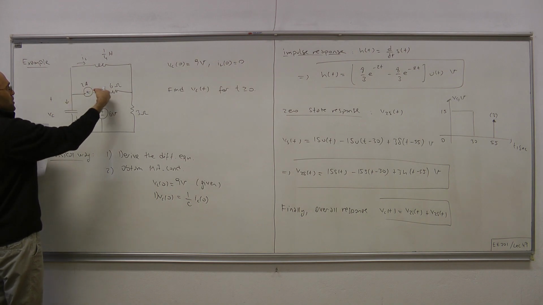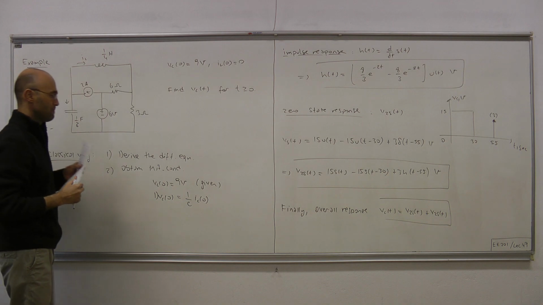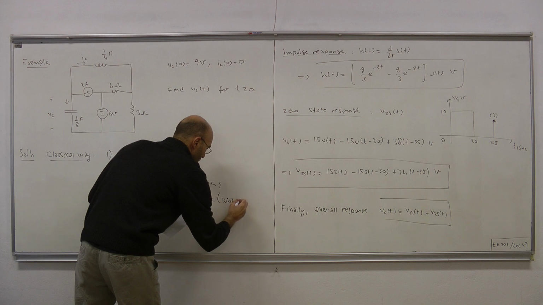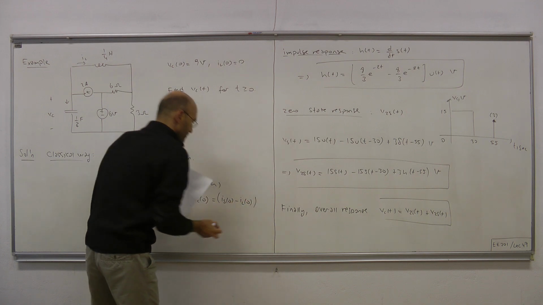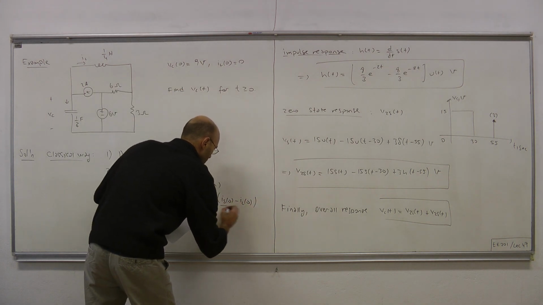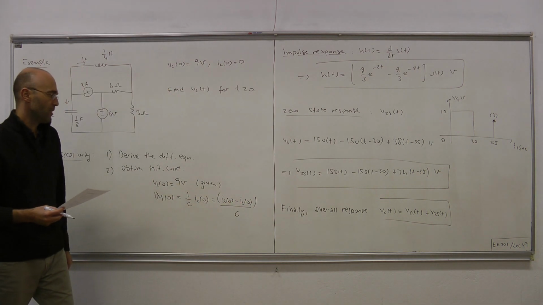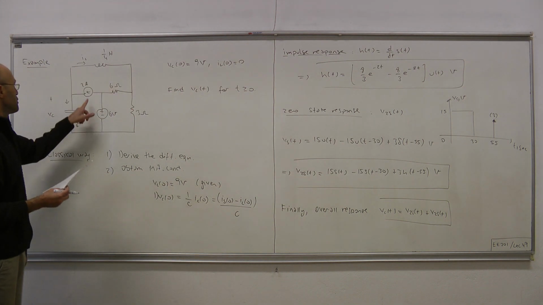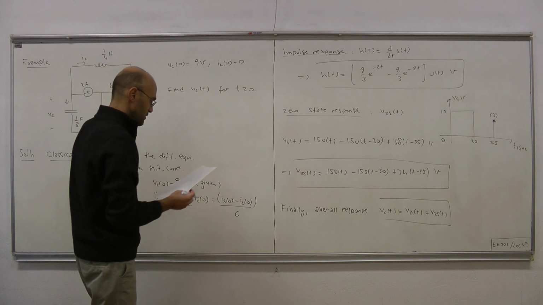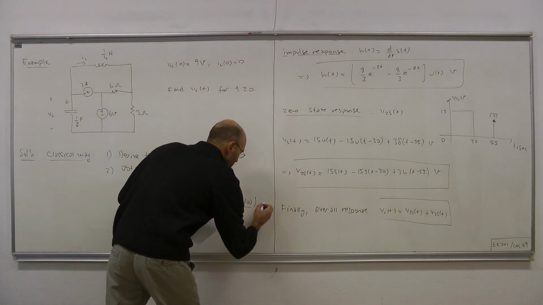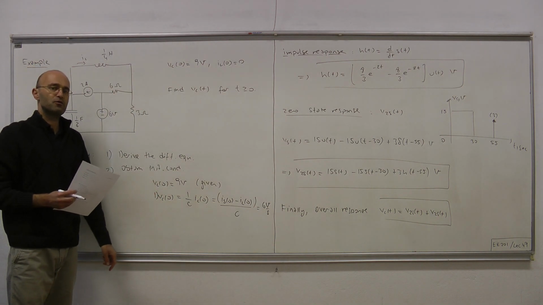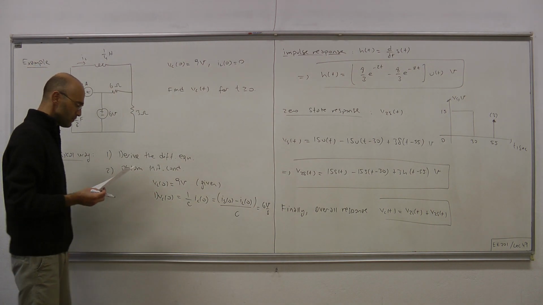And this current equals IS of 0 minus IL of 0, divided by capacitance C. IL of 0 equals 0. IS of 0 is 2. Therefore 2 over 1/3 is 6 volts per second. 6 volts per second is the initial rate of change for the capacitor voltage.